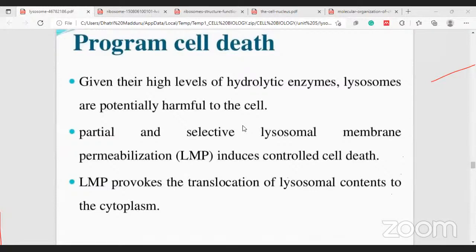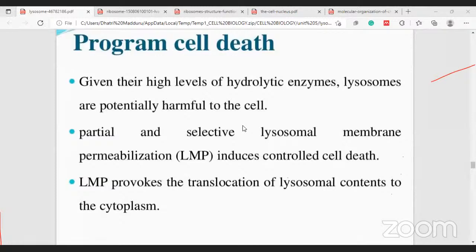What happens whenever a cell is signaled to die? Like I told you, the plasma membrane consists of an inner leaflet and an outer leaflet. The inner leaflet consists of phosphatidylserine. Whenever this phosphatidylserine flips to the outer leaflet, it gives a death signal, that is the apoptotic signal. So the cell has to undergo programmed cell death.